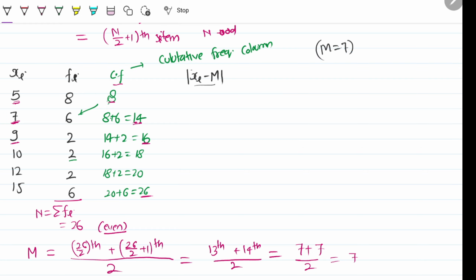So 5 minus 7 is minus 2, but with the mod it will be plus 2. Just subtract the smaller value from the bigger. Median is 7: 7 minus 5 is 2, 7 minus 7 is 0, 9 minus 7 is 2, 10 minus 7 is 3, 12 minus 7 is 5, 15 minus 7 is 8.